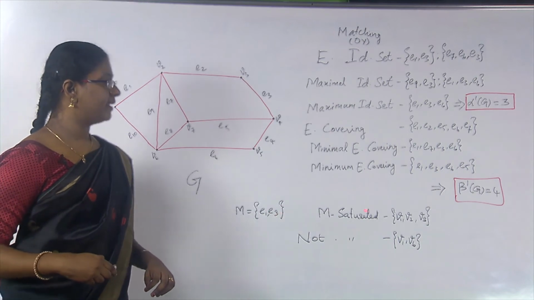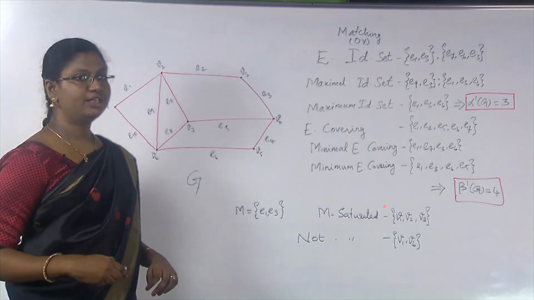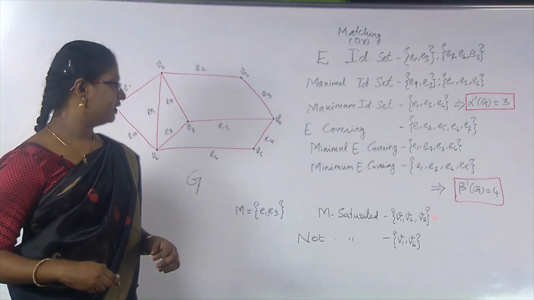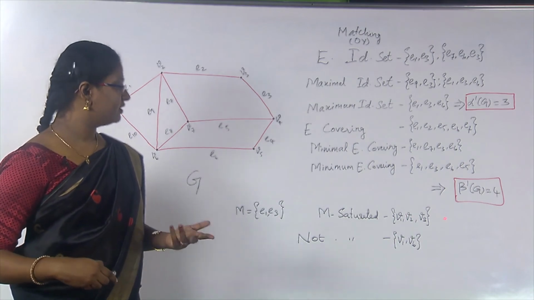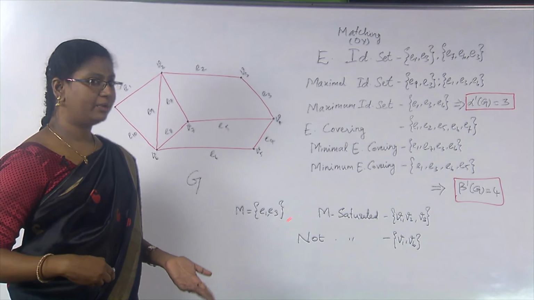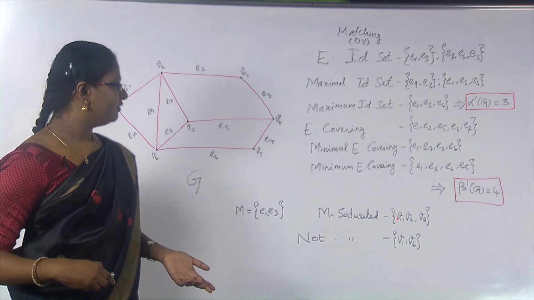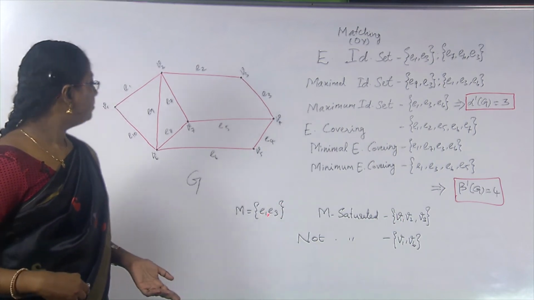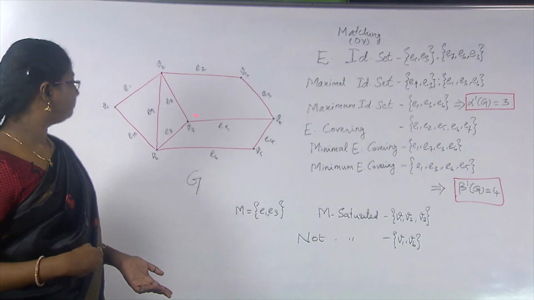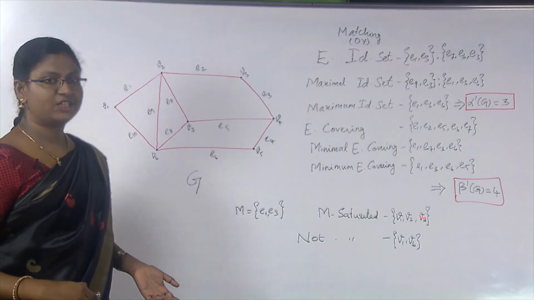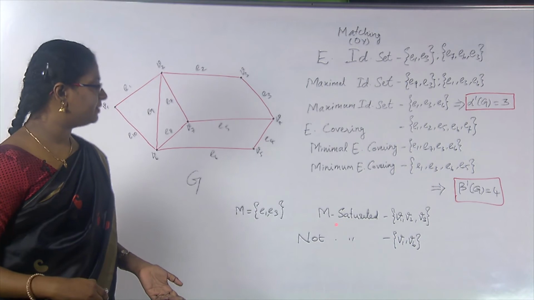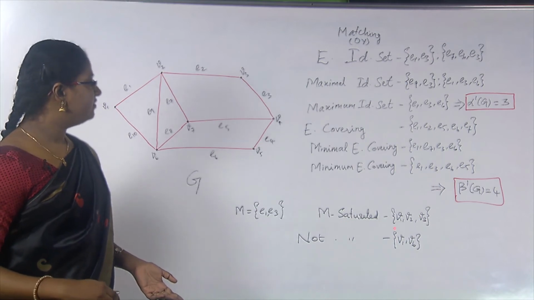By M-saturated, what we are going to do here is collect the vertices which are incident upon E1 and E3. So, if I consider V1, E1 is incident on V1. So, V1 is M-saturated. Look at the vertices in the set. V1 is M-saturated, and consider V2.